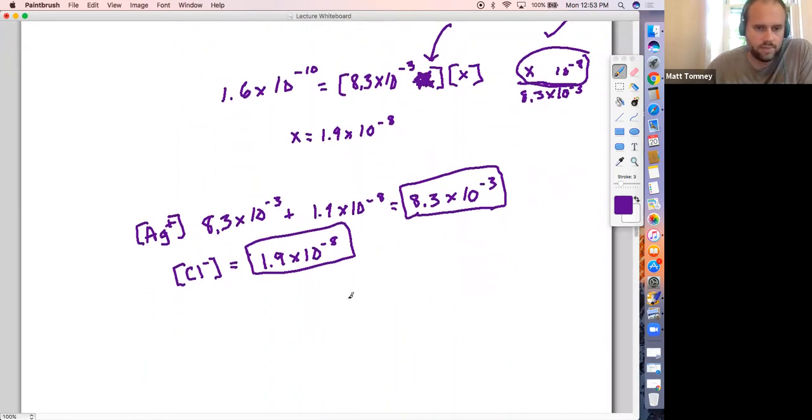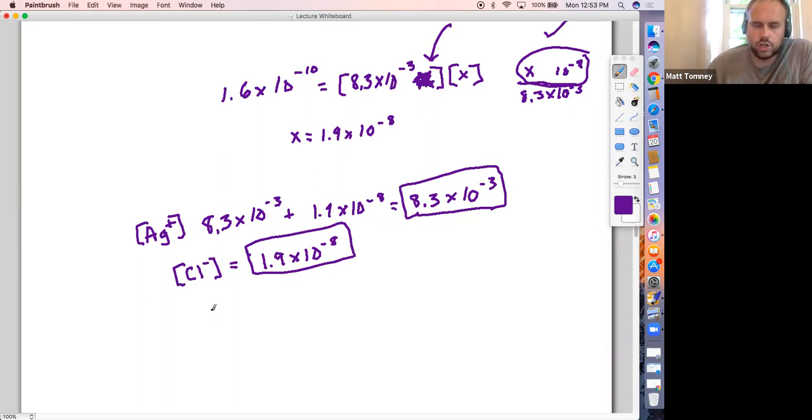Ag and Cl would have the same concentration. That's not true here because, again, the nitrate is leading up to the silver, where it's releasing a bunch of silver before the silver chloride ever hits the solution. All right, so in a solution of silver chloride, the silver is going to be a mix of both the silver nitrate and the silver chloride, but the chloride itself is only going to come from the silver chloride.